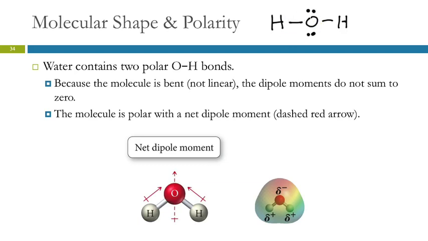How do 4 groups arrange themselves? Tetrahedron. So it's going to make a tetrahedral electron geometry, but then 2 of those are lone pairs, so they're like invisible. And so what we have left is what's called a bent structure. It is not linear.